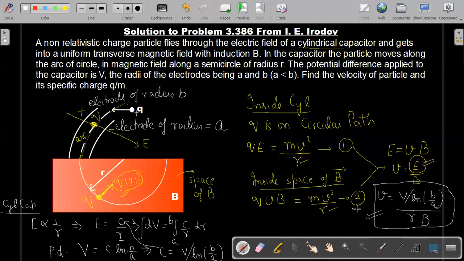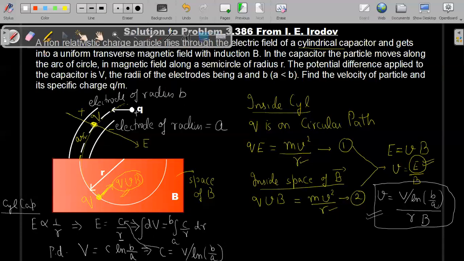Also, we have to find the specific charge Q by M. Once the speed is obtained, you can use the fact that a charged particle moving on a circle inside a magnetic field follows this relation, that r equals mv over qB.